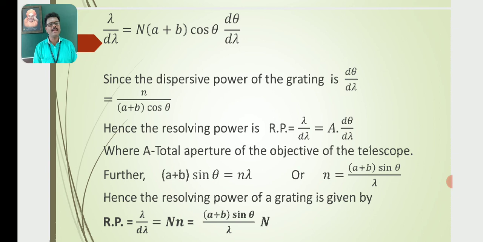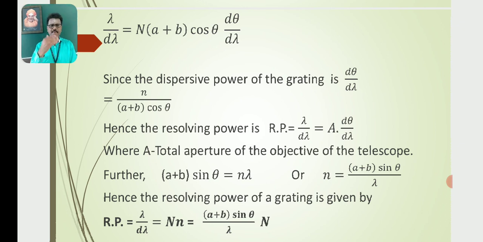where capital A indicates the total aperture of the objective of the telescope. Here the objective of the telescope means the lens of the telescope, say the convex lens of the telescope, and A is equal to N into (A+B)cosθ.